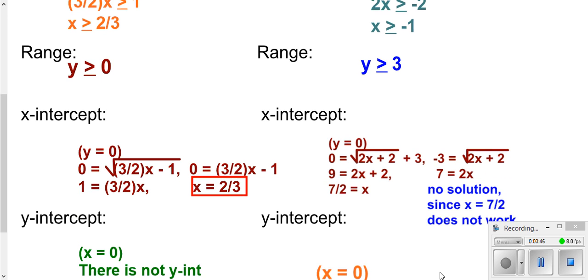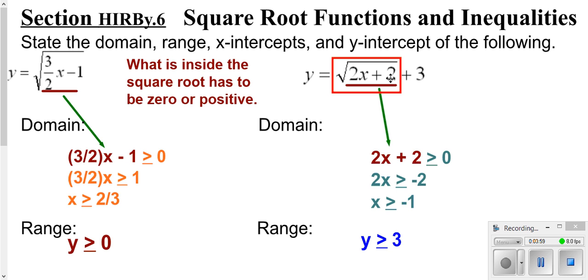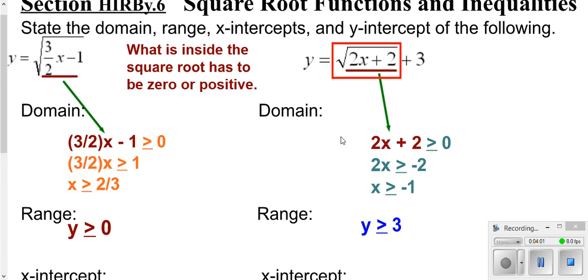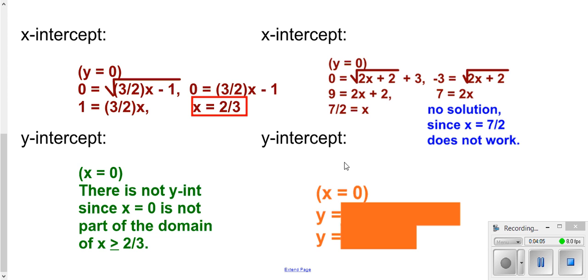And in this case, it doesn't work. If you take the answer and plug it into the original, it does not actually give you 0. It's an extraneous solution.